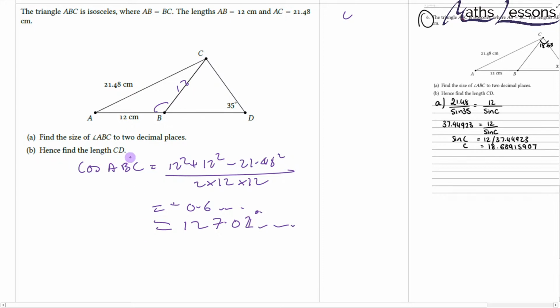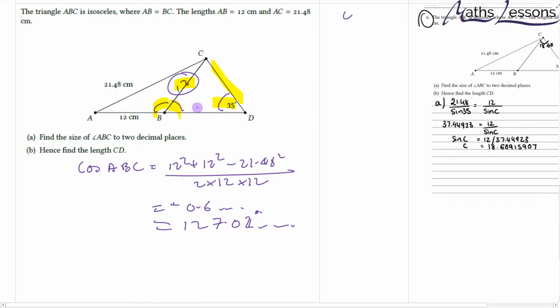Hence, find the length of CD. Find this length. So we've got that side, and we have an angle on a side, but we also have this angle because we now know that angle. So we've got another angle on the side, and we've got an opposite pair and then another side we want with an opposite angle, so we can use the sine rule. With the sine rule, you need an opposite pair.